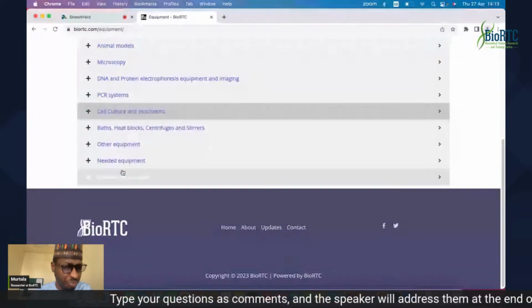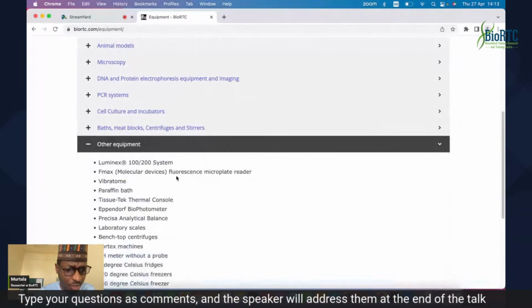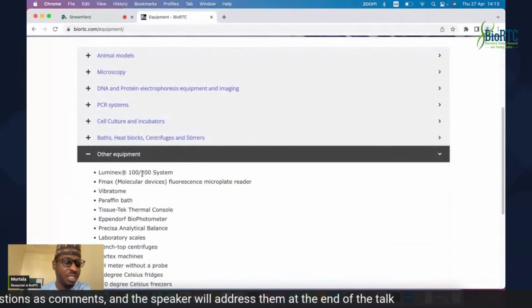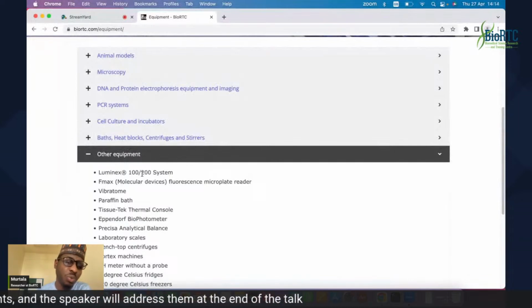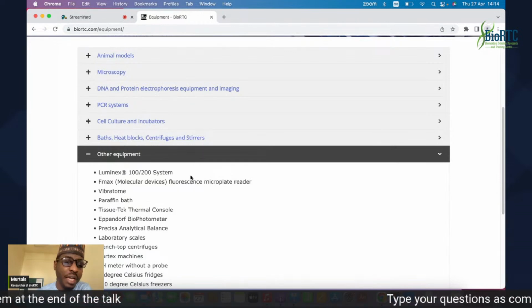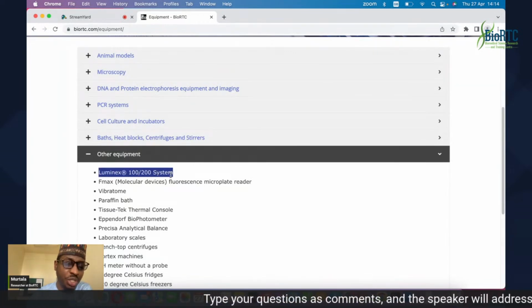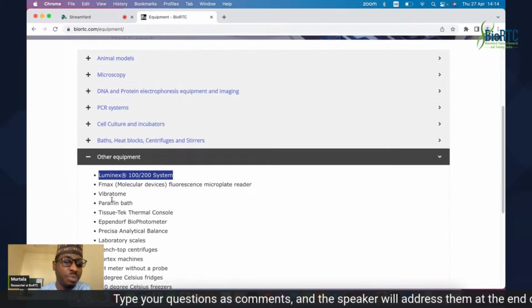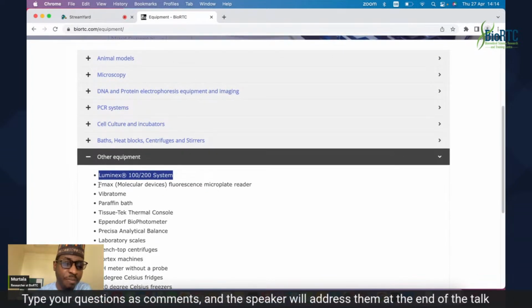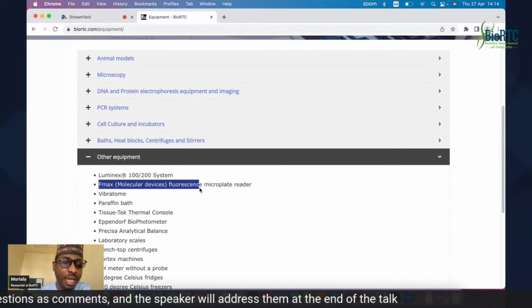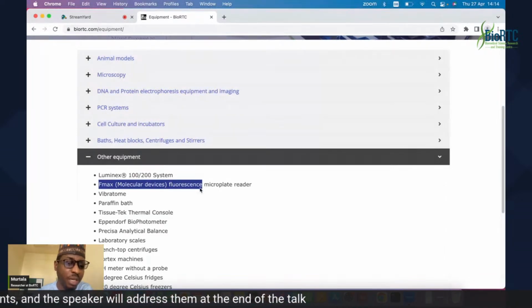Then, of course, other equipment like the Luminex multiplexing system, a very powerful machine that is highly underutilized. So think about, when you are designing your research, what application you have for the Luminex multiplexing system. We have the FMAX, which is a microplate reader that does fluorescence, another powerful machine.